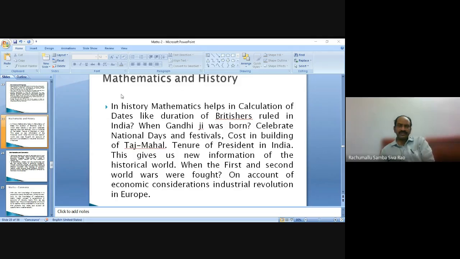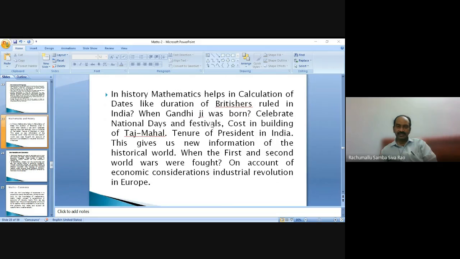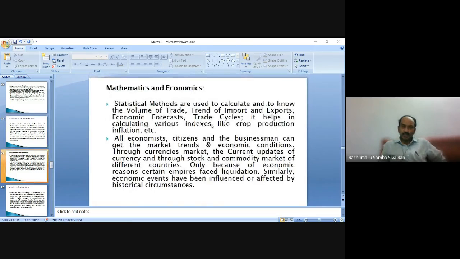So, in all these questions, there exists a correlation with mathematics. Coming to mathematics and economics, statistical methods are used to calculate and know the impact of exports, economic forecasts, and trade cycles.